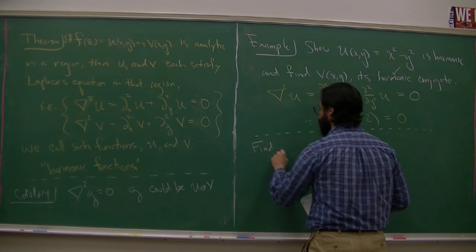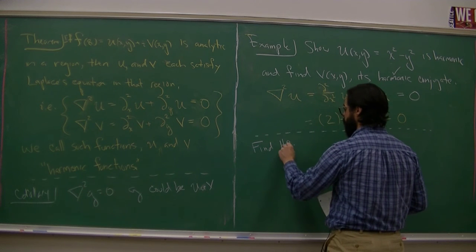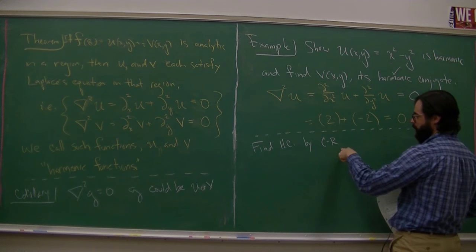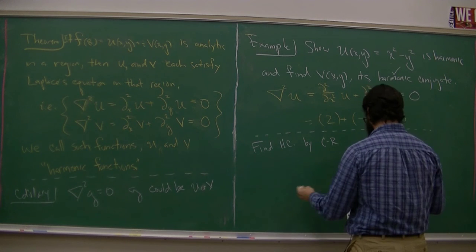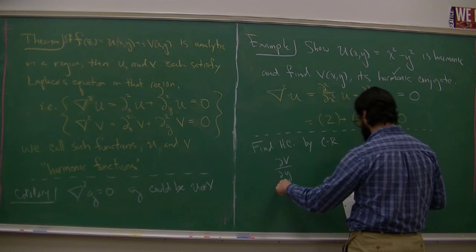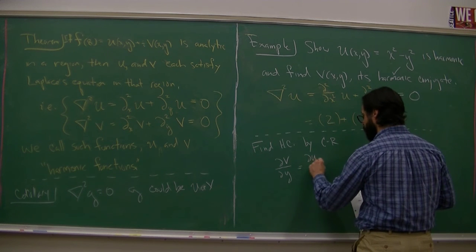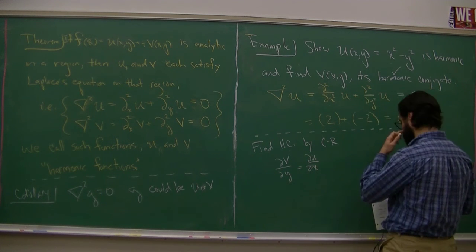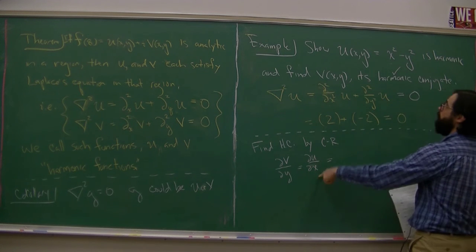So we'll find the harmonic conjugate by the Cauchy-Riemann conditions. What that would mean is partial v with respect to y, this is what we're looking for now, is equal to partial u with respect to x. That's just the first Cauchy-Riemann condition. What is partial u with respect to x?